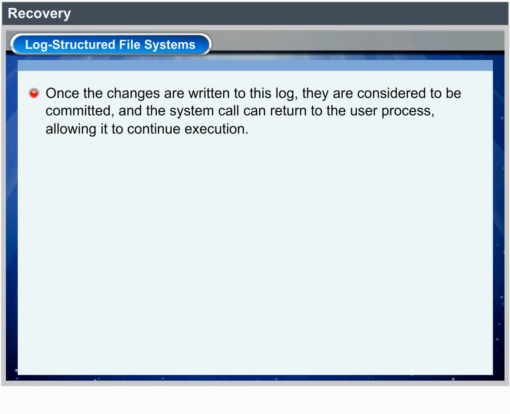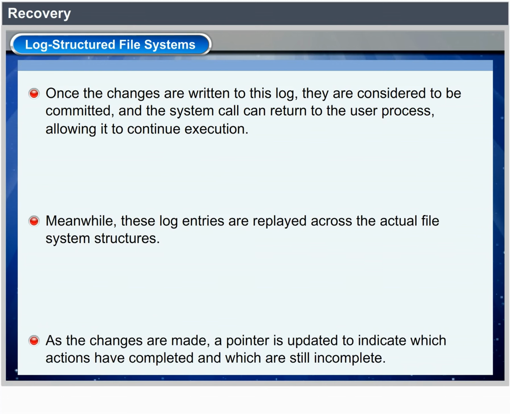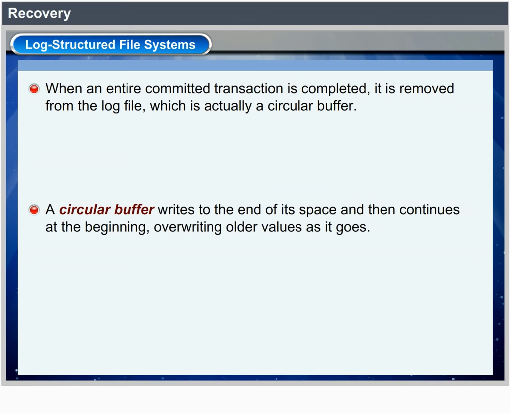Meanwhile, these log entries are replayed across the actual file system structures. As the changes are made, a pointer is updated to indicate which actions have completed and which are still incomplete. When an entire committed transaction is completed, it is removed from the log file, which is actually a circular buffer. A circular buffer writes to the end of its space and then continues at the beginning, overwriting older values as it goes.